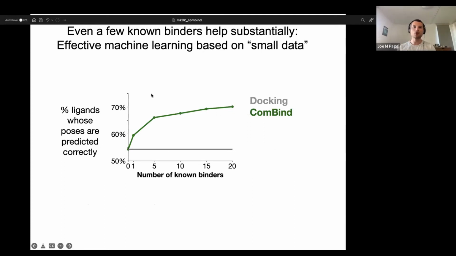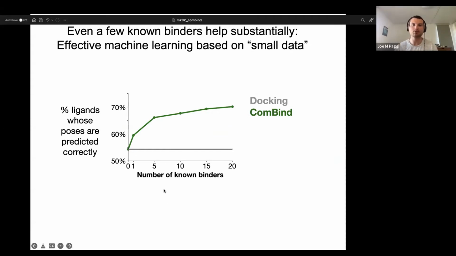Something that we're excited about in the results is that even with very small numbers of known binders, we were able to get a boost. Interestingly, even if we just had one known binder, we were able to get an appreciable increase in the fraction of ligands whose poses are predicted correctly.